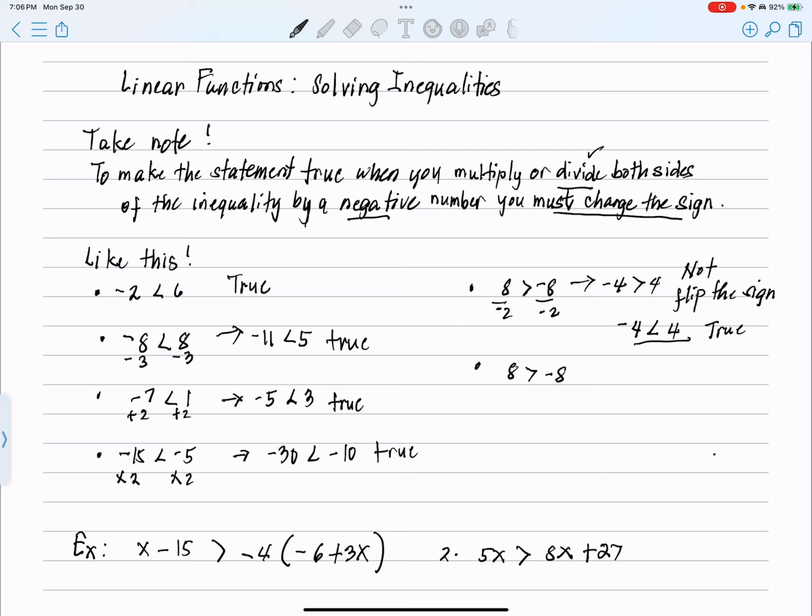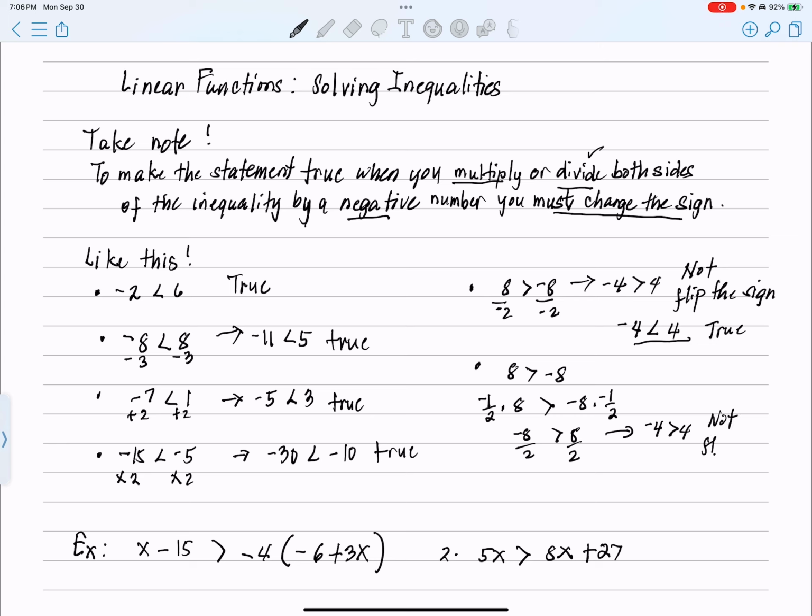Let's check when we multiply. Let's say I multiply a negative 1/2 to 8, and negative 8, I multiply a negative 1/2. So what happened? We have a negative 8 over 2 greater than 8 over 2. Let's find out. So it will be negative 4 greater than 4? No, it's not.